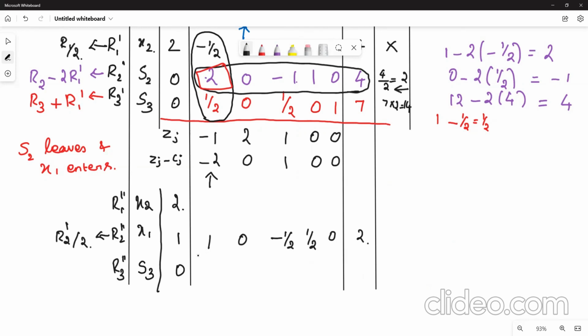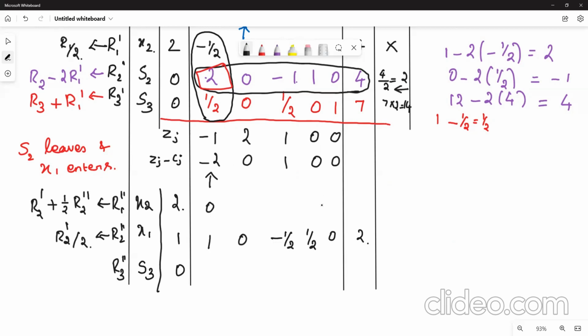This minus 1 by 2 will become 0 when I multiply this by 1 by 2 and add both. So the operation I identified is R1 double dash is R1 dash plus 1 by 2 into R2 double dash. Okay. So I have to multiply this row R2 double dash by 1 by 2 and add it with the R1 dash. So first entry automatically becomes 0.